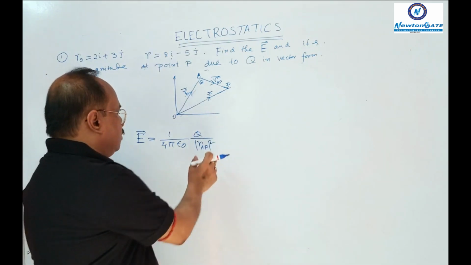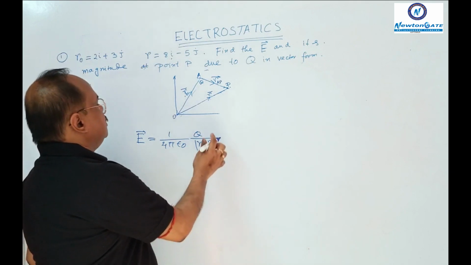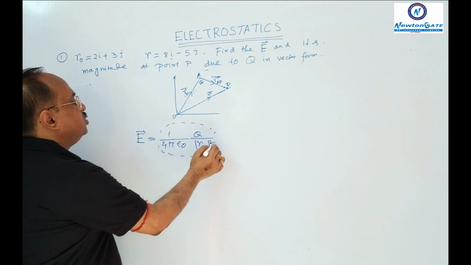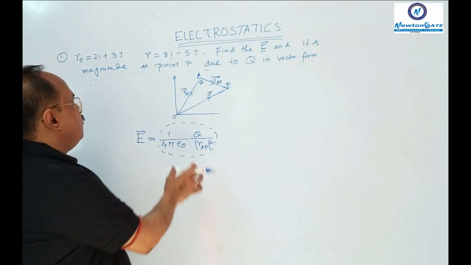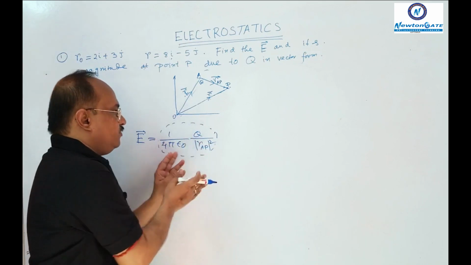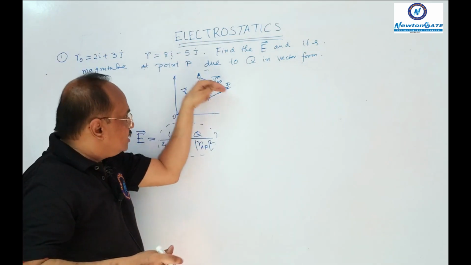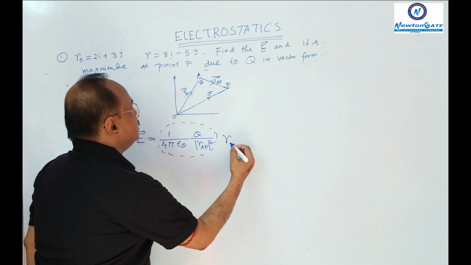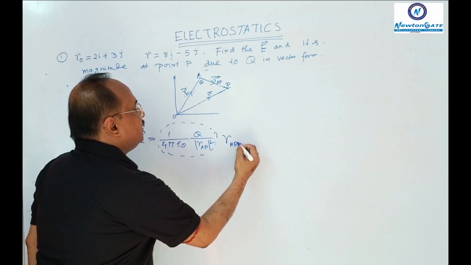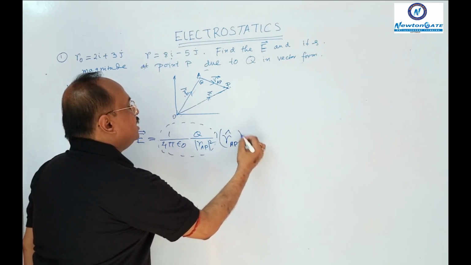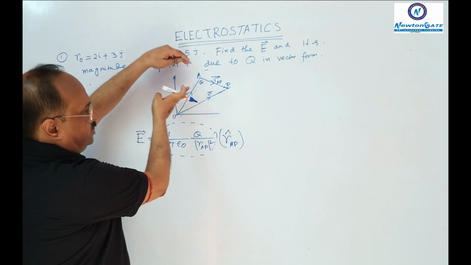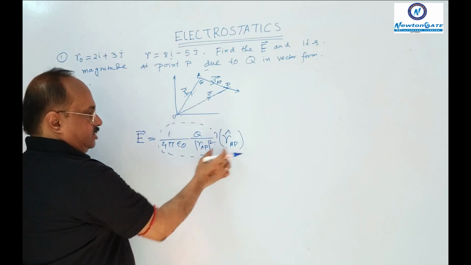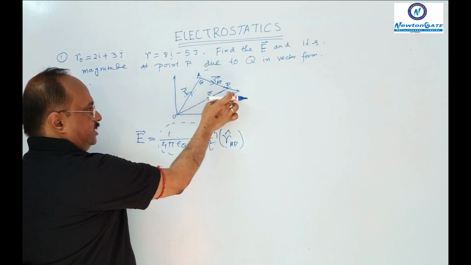Now you see that this quantity is entirely a magnitude. It has no vector. So to drive this electric field along this direction, I have to multiply one unit vector along this direction, RAP. This unit vector will do nothing but drive this electric field along this direction. So this gives you the direction, and this is the magnitude of this electric field.